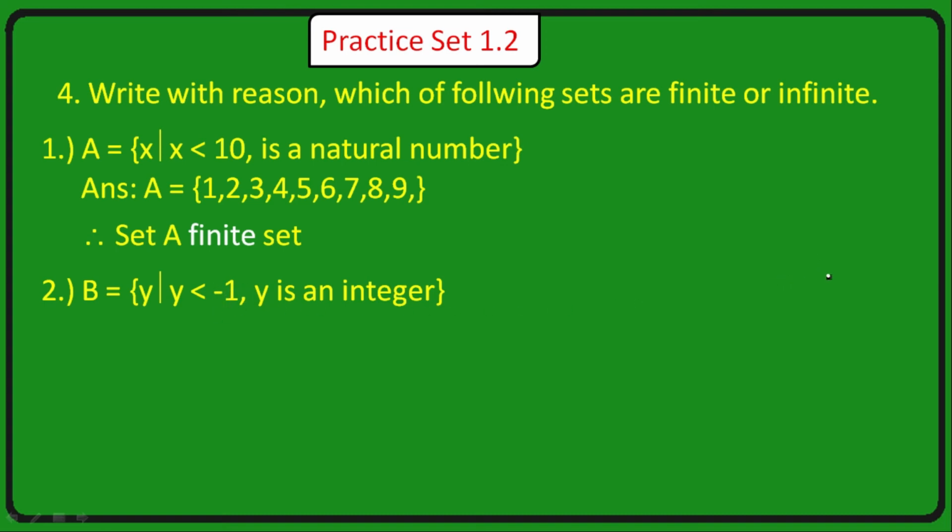In the set of integers, there are numbers like 0, 1, 2, 3 up to infinity, and here we get -1, then -2, -3, -4, -5 up to infinity. Now this -1 is smaller than 0.